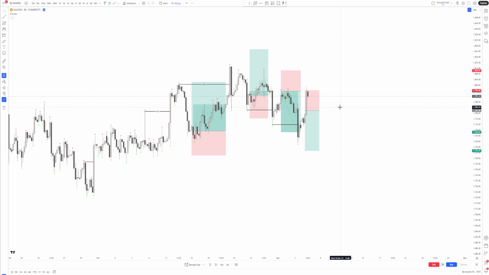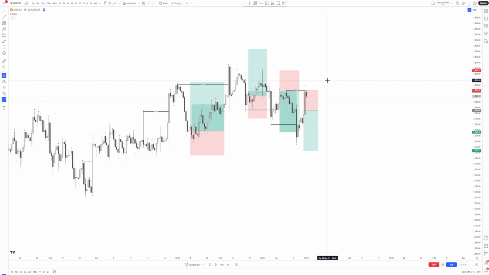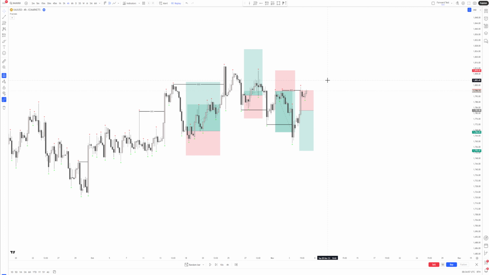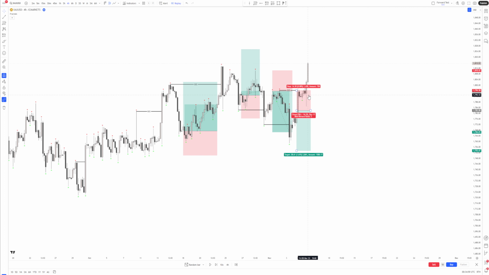So that's fine. Okay, so what's going on now? We have got another structural shift here. You can see break of structure there, price pierced through, and all we're doing is waiting for the price to come back down.